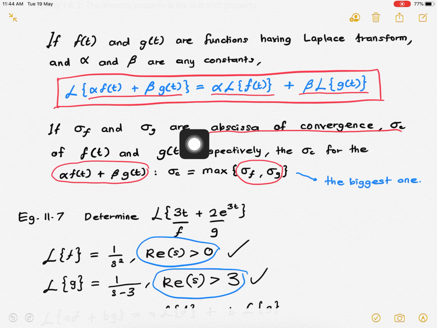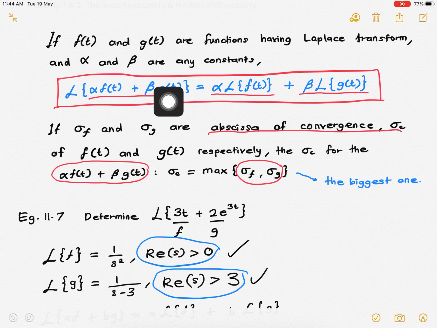And what about the condition? What about the abscissa of convergence, epsilon c? So if for function f the abscissa is epsilon f, and for function g the abscissa is epsilon g, how do we decide the abscissa of convergence of this combination of functions? Actually, the abscissa of convergence epsilon c is that we pick the bigger one between the two.